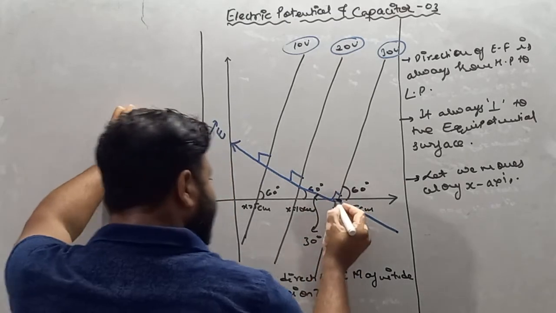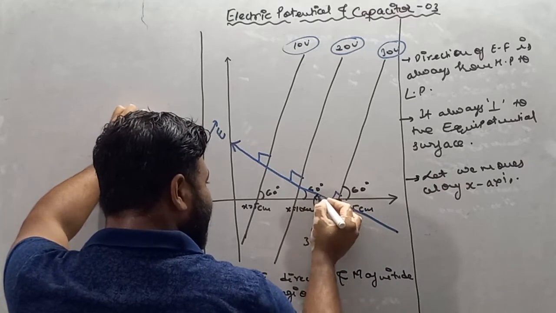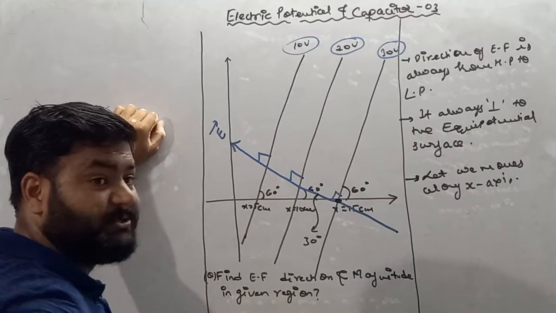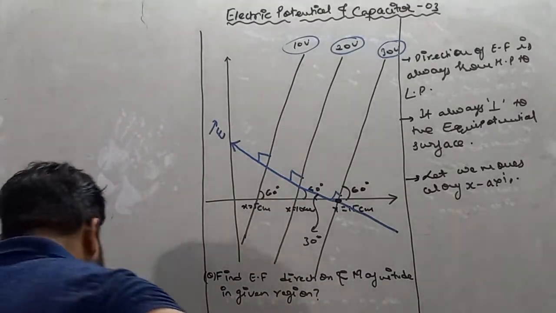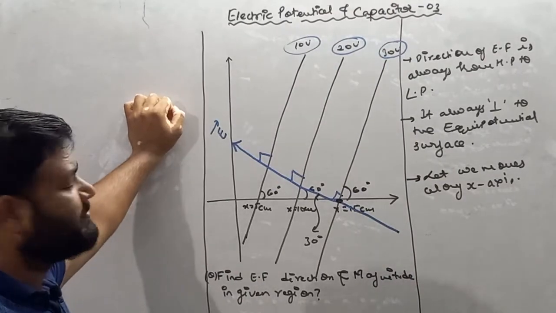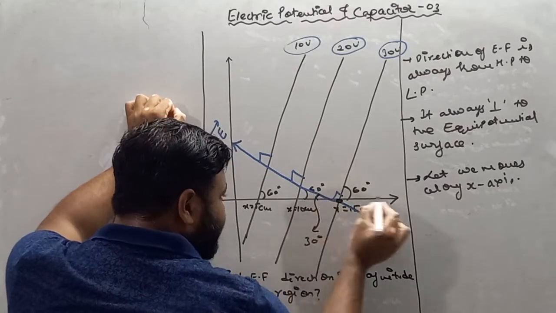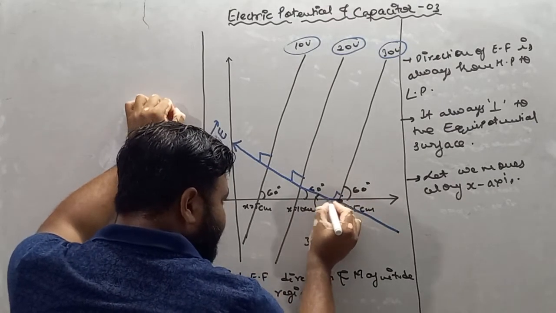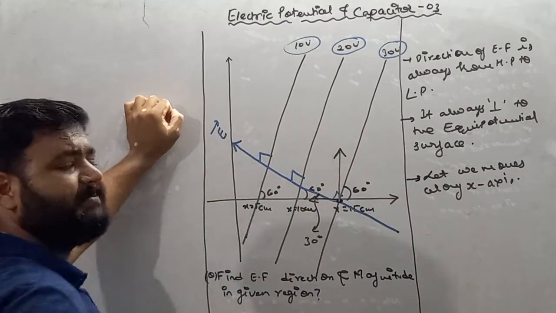Now see, the electric field is making an angle of 30 degree with this axis. As we all know, electric field is a vector quantity, and if any vector quantity makes some angle, then we have to split it into components. This electric field is making an angle of 30 with this x-axis. So the cos component must be in this direction, and the sine component in this direction.